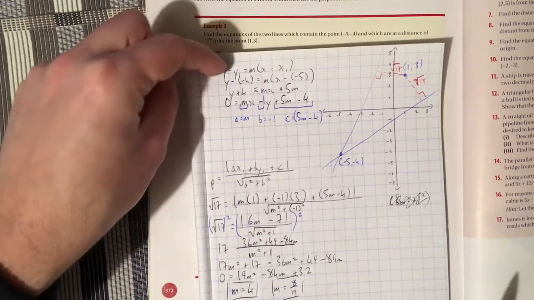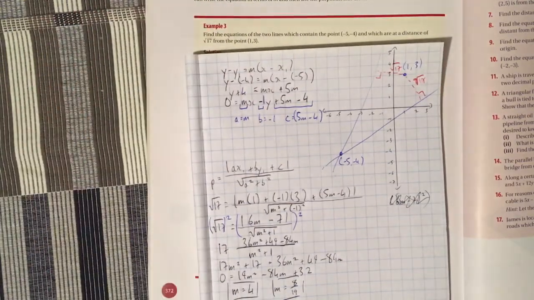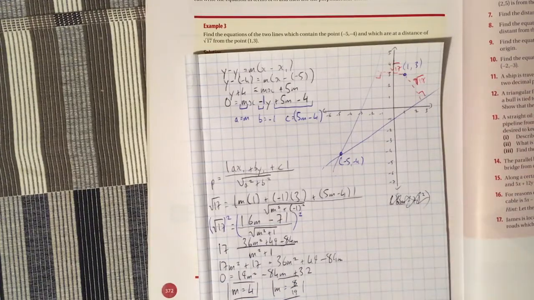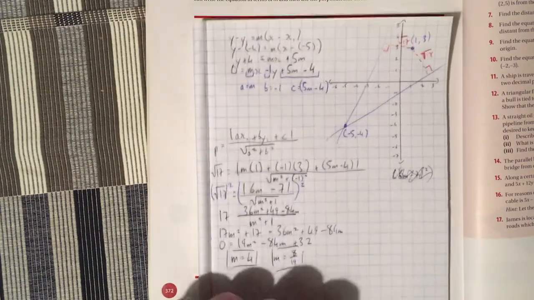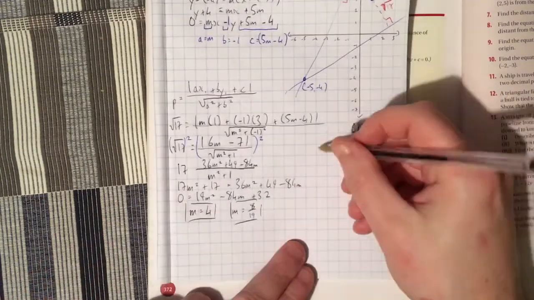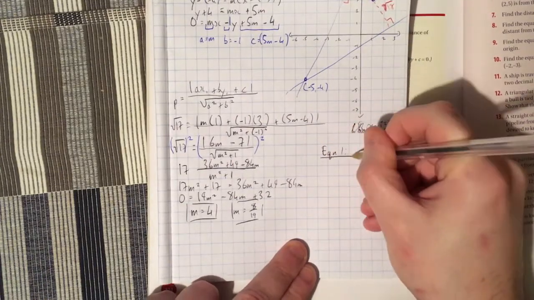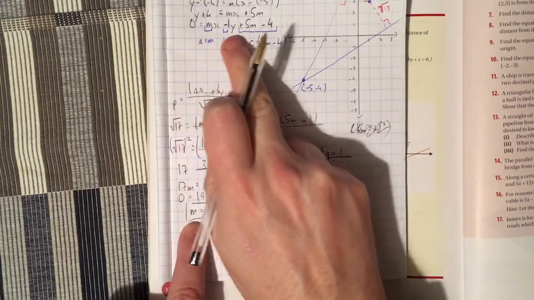All right. If you go back to the original thing, don't forget minus 5, minus 4 is the point on the line. Okay, (1, 3) is off the line. It's the one that you're getting the perpendicular distance to. So you're going to get equation 1 by subbing 4 into this.